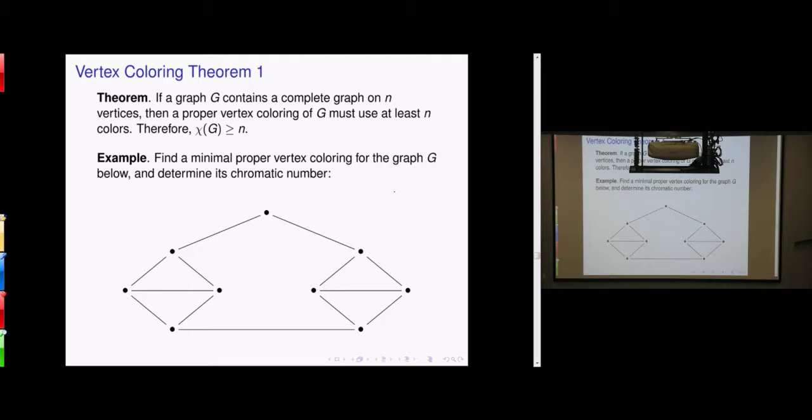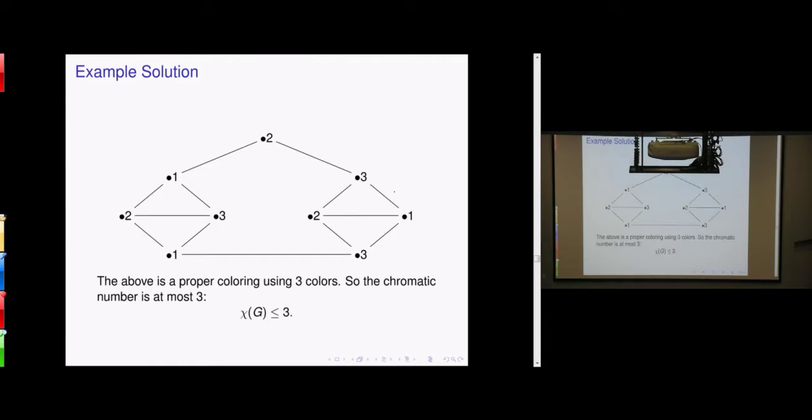Okay, so for example, find the minimum proper vertex coloring for this G and determine its chromatic number. You can try, right? So the answer is you can do something like this, so that you only need 3 colors.